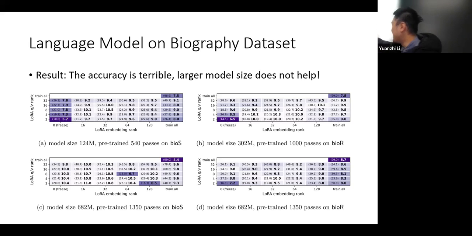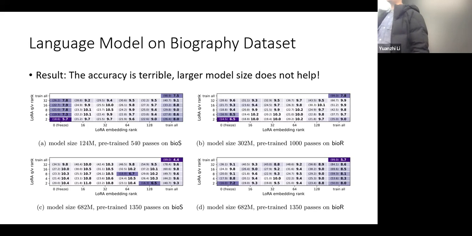You can see even if you change the model size, so this is GPT-2, and this is a larger version of GPT-2, and larger and larger, even if you make the model size larger, it doesn't really change the effect.